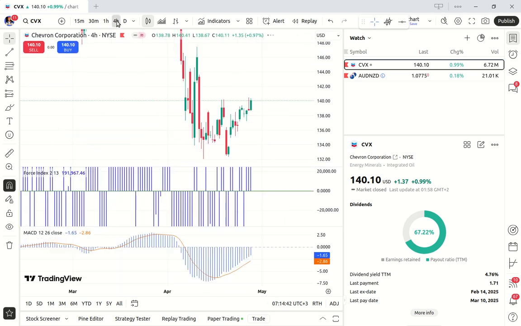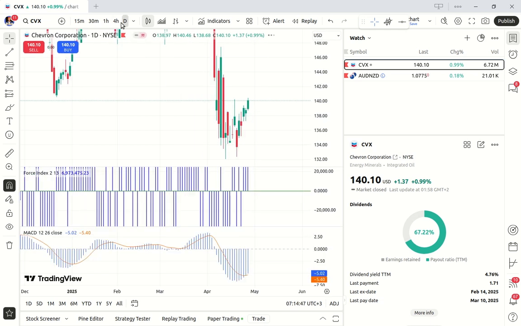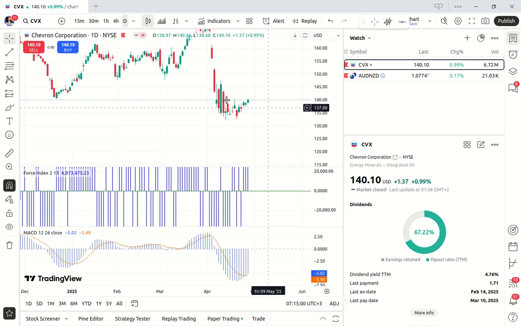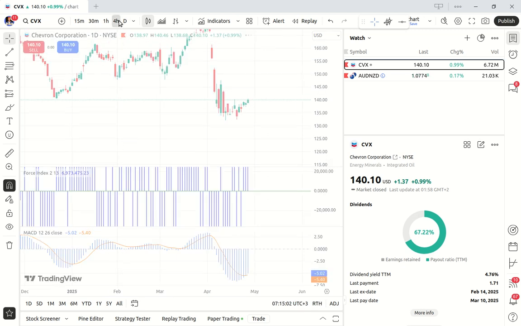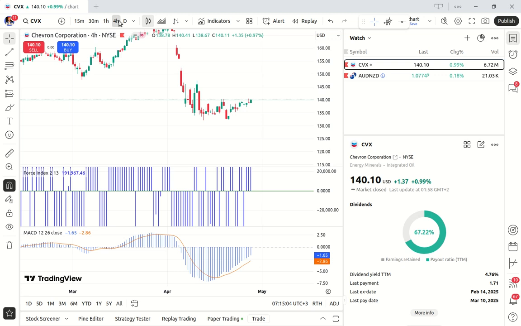In the 1 hour, it's above the orange line, on the 4 hour, and it's above the orange line on the daily. And this move just happened yesterday. Okay, so this is a recent buying signal, a very recent buying signal.